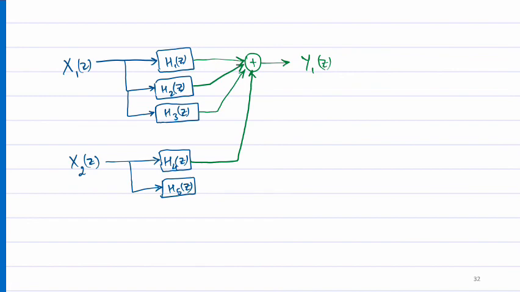And I have got some other output Y2, which is basically H5X2 plus H3X1. So you can see here that X1 H3 is being reused. I can reuse it, right? So this is the benefit which a parallel IIR structure offers.